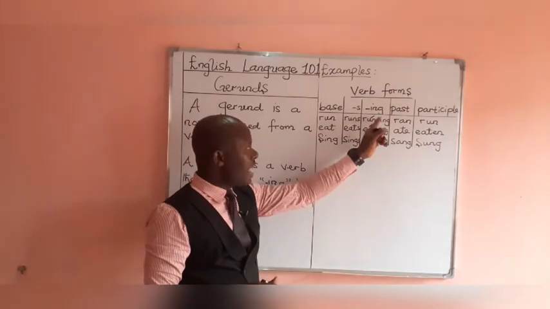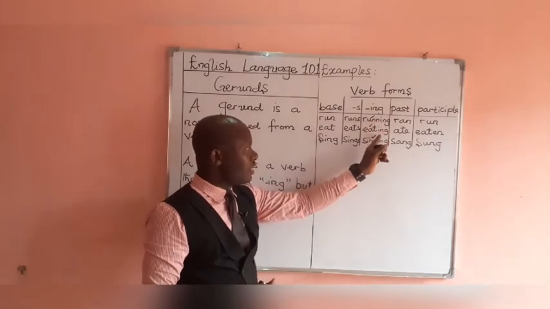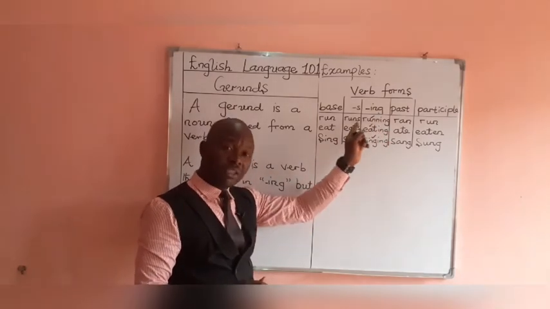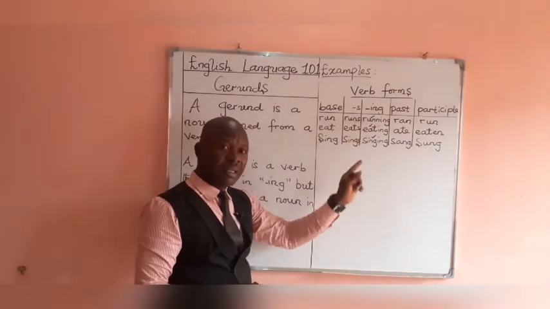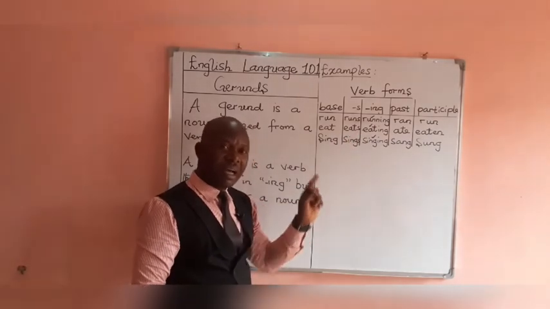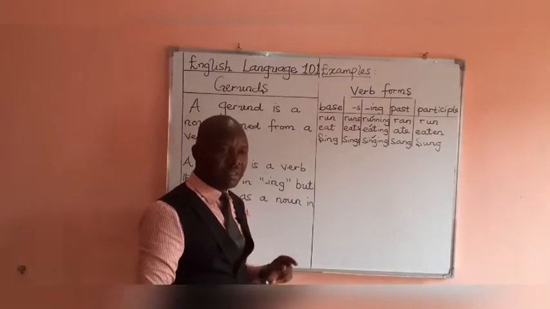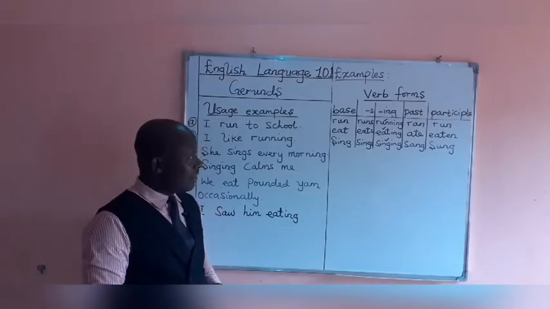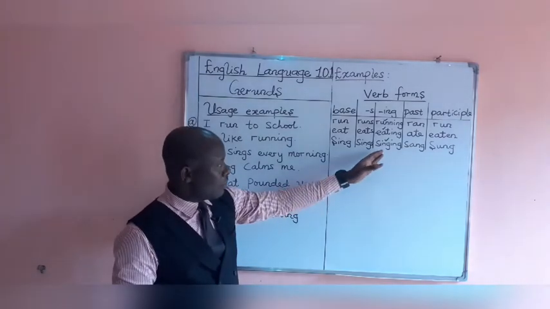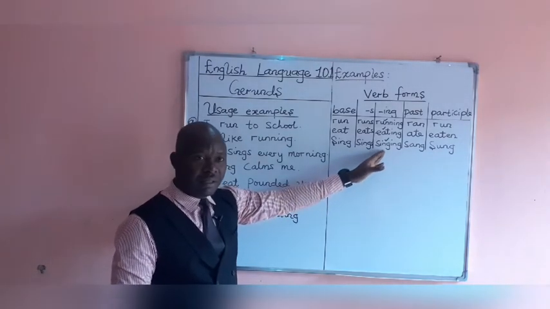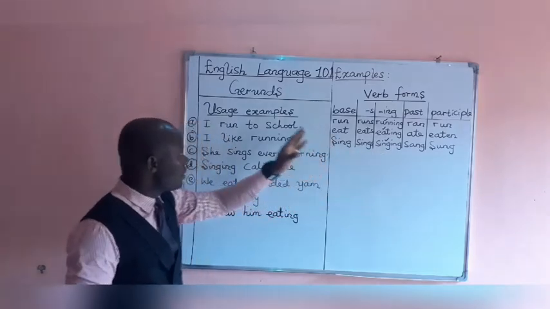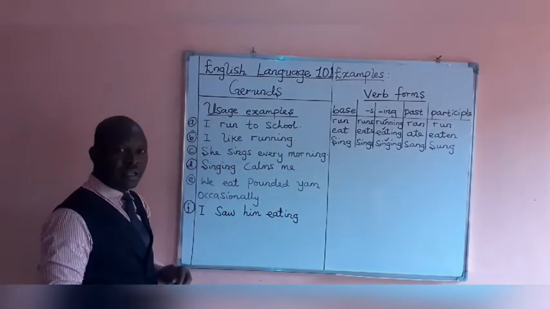Verbs ending in ing, but they will not function as a verb. They will function as a noun in sentences, as we're about to see. So we're going to see the usage of these gerunds in sentences.